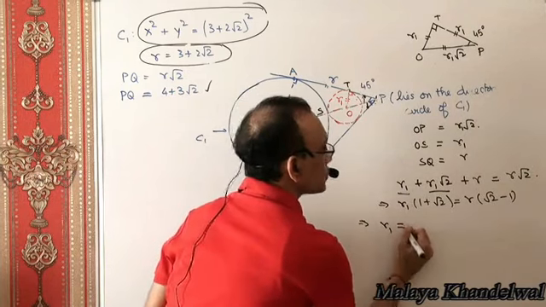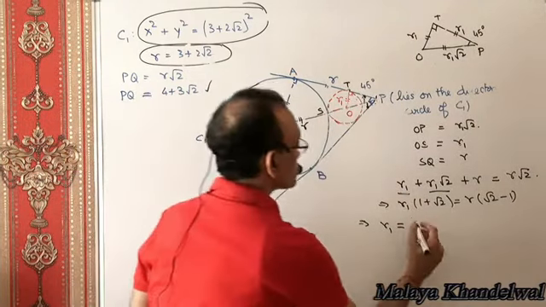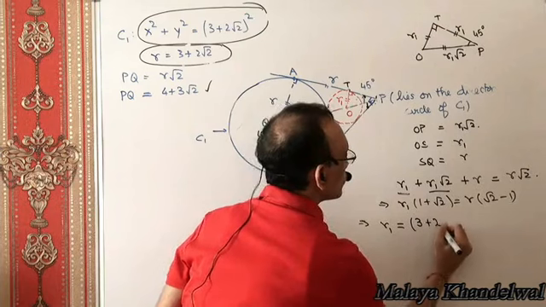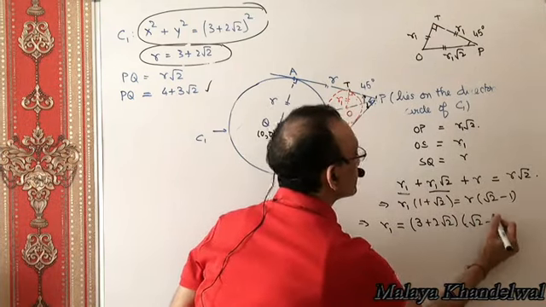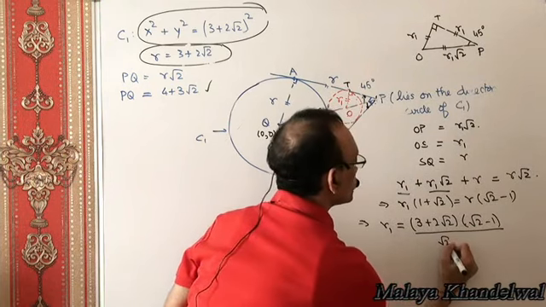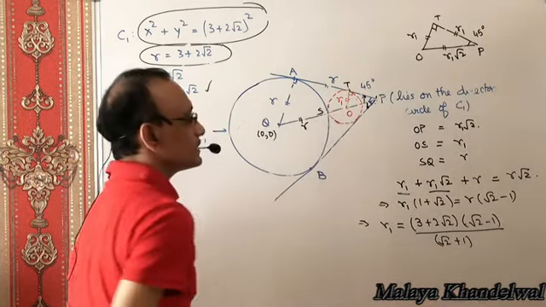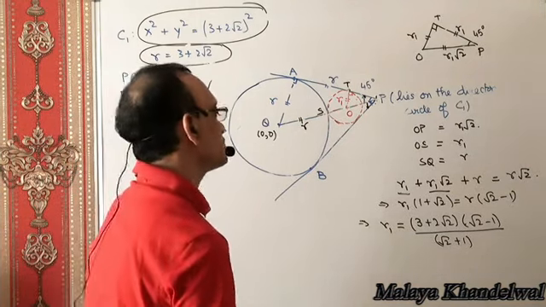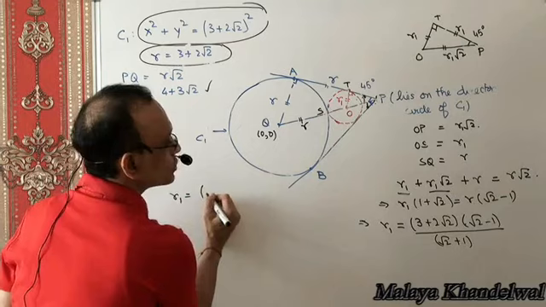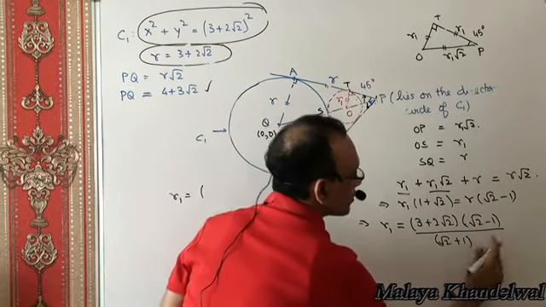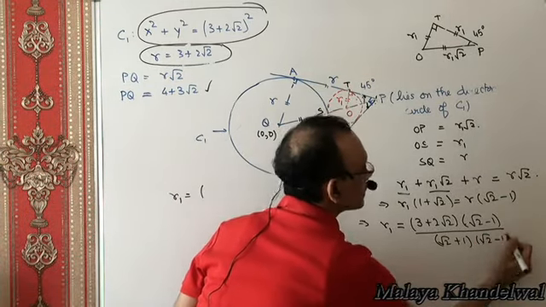R1 then is what? R, which is 3 plus 2 root 2, into (root 2 minus 1) divided by (root 2 plus 1). That's what I get. We could simplify this. So how much does it turn out to be? R1 equals, let me rationalize the denominator, multiplying with root 2 minus 1.